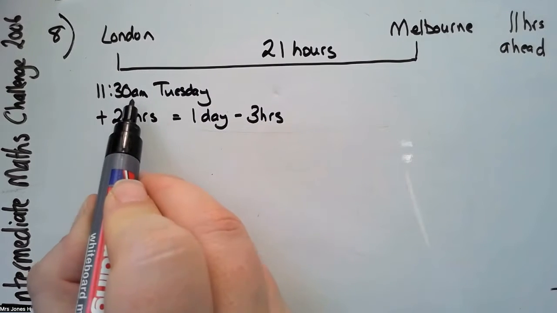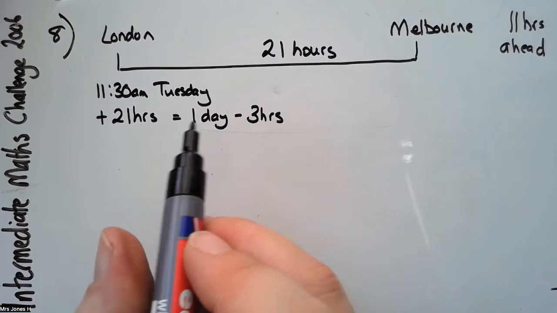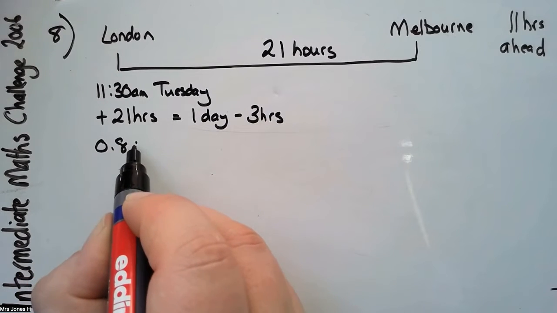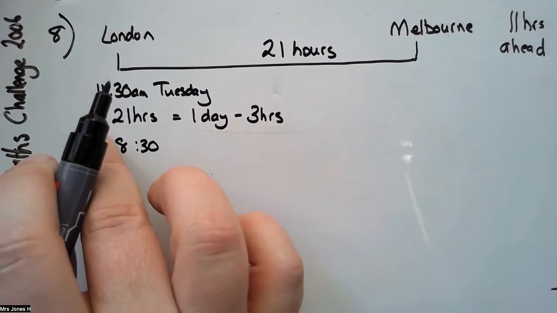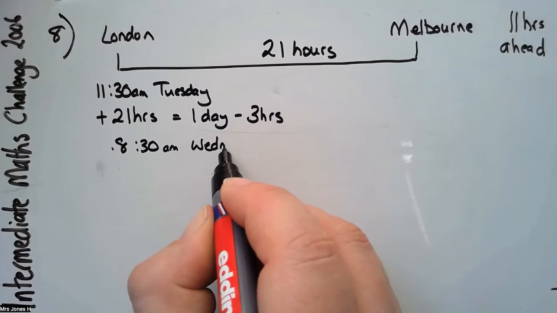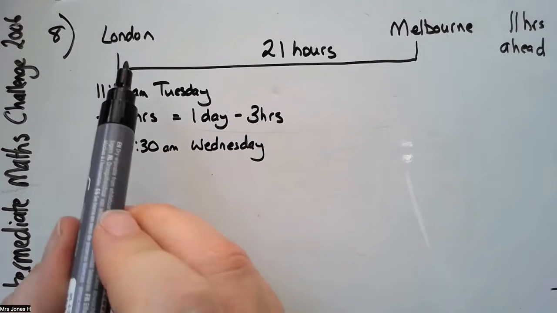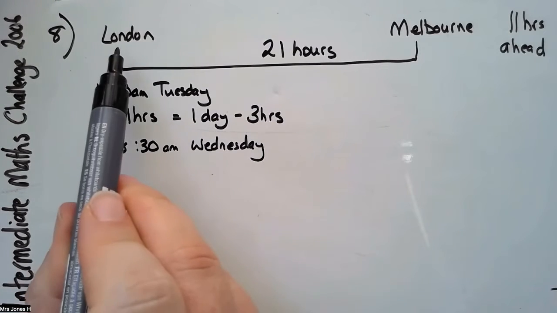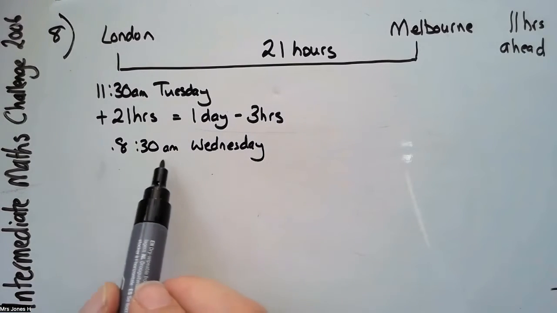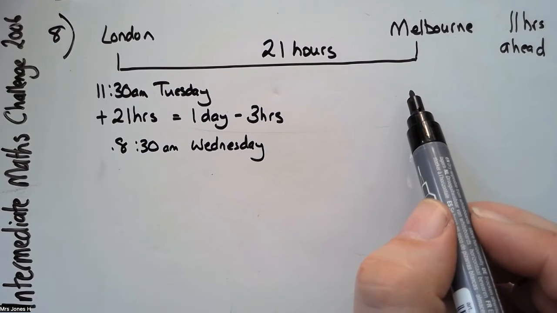So it would be 11:30 a.m. on Wednesday, except it's 3 hours before, which means it is 8:30 a.m. So the travel time means that when you're standing in London at 8:30 a.m. on Wednesday, then the flight will arrive in Melbourne at that time.